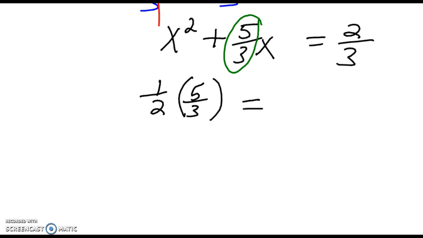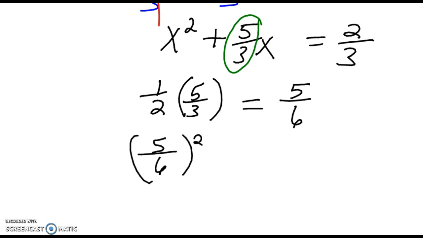Half of 5/3 is 5/6. And now we want to square 5/6, and we get 25/36. And this is what we want to add to both sides of our equal sign.